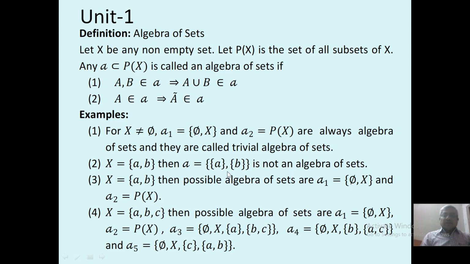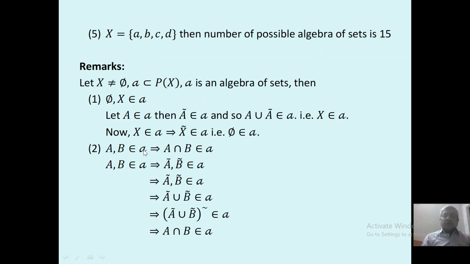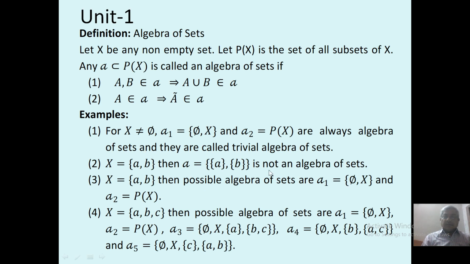Because if we check the condition, if we take the union of these two sets, singleton A and singleton B, then it becomes the set of two members A and B, and it is X. It does not belong to script A. So the first condition is not satisfied.